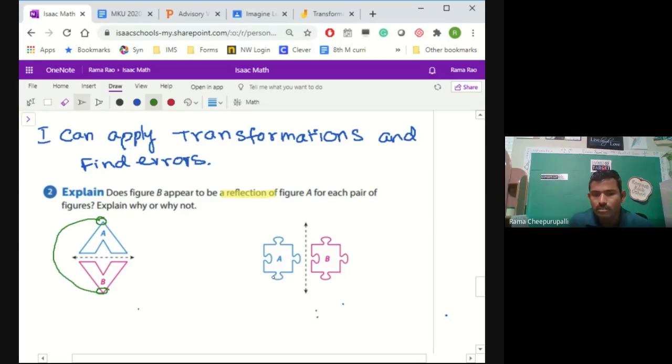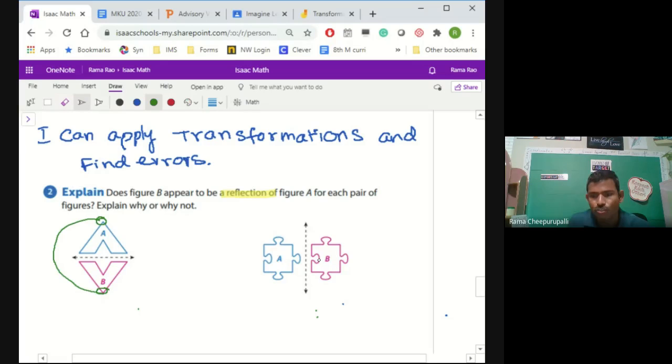But coming to the second picture right here, the A and the B, if it is reflected, you see this little bump right here, it should be like that because you're flipping over, okay? But this picture, definitely it's not a reflection. Looks like it just moved from here to here.